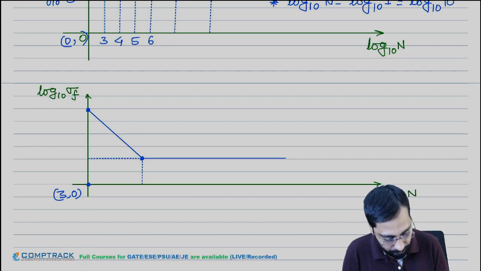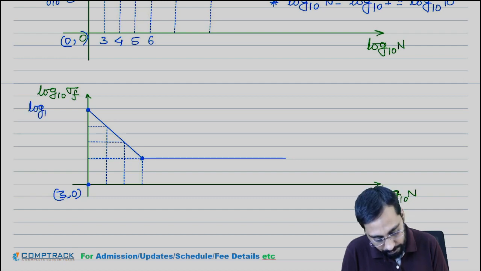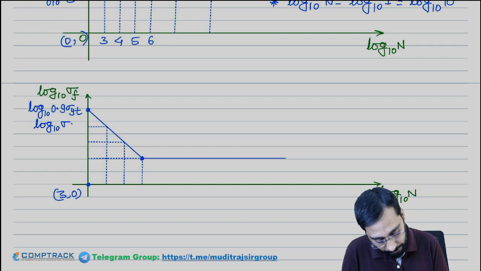The curve starts like this. Here it will be log 10 sigma yt. This will be log 10 sigma F1.